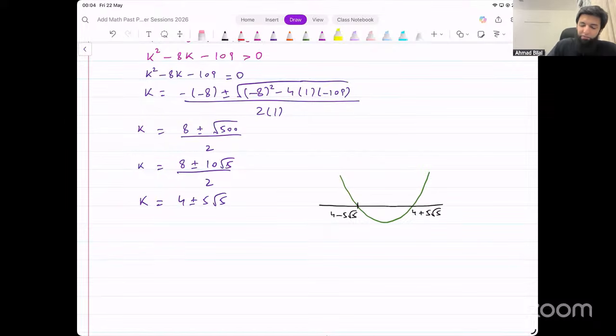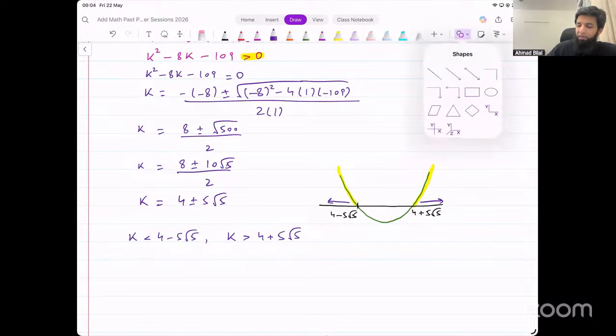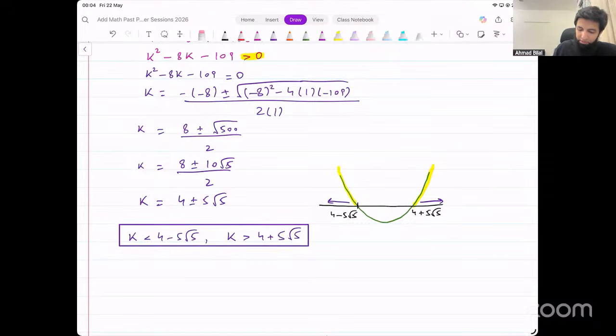Which part of this graph is relevant? It's greater than 0, right? Greater than 0 will either be this part or this part. So what's the final solution then? We say k is either to the left of this value or to the right of this value. So k is less than 4 minus 5 root 5, or k is greater than 4 plus 5 root 5. And that will be our final answer. This is what we were looking for.